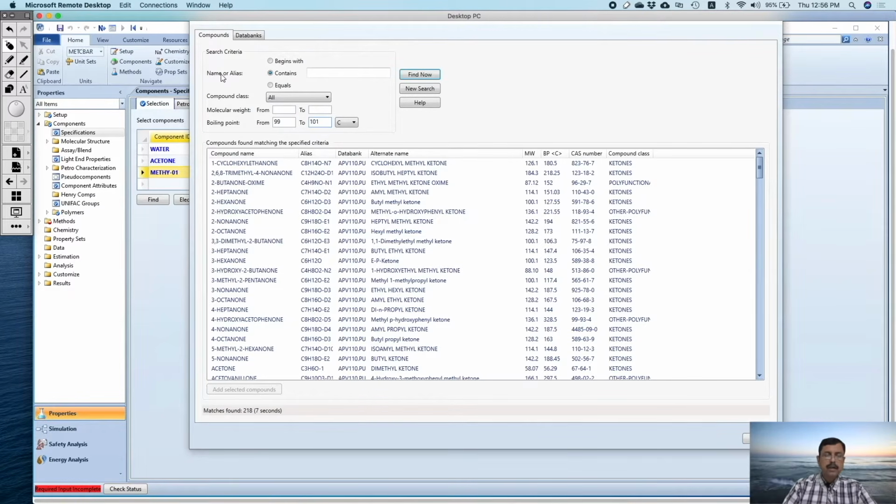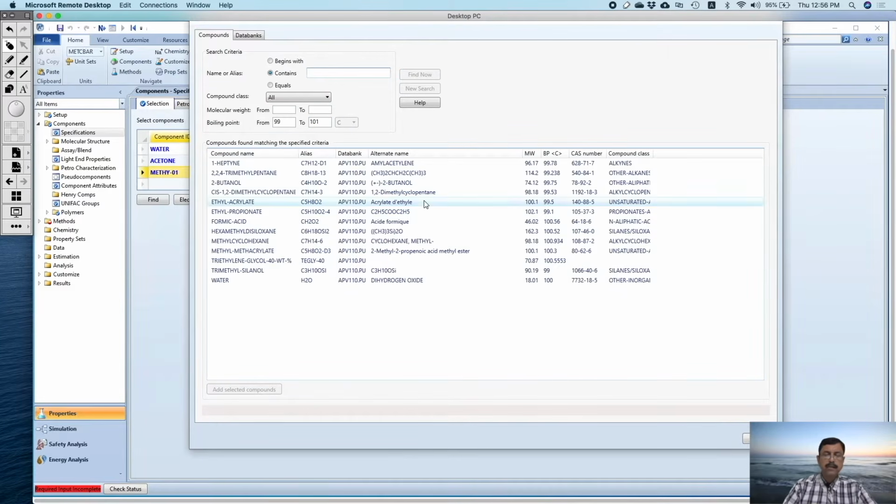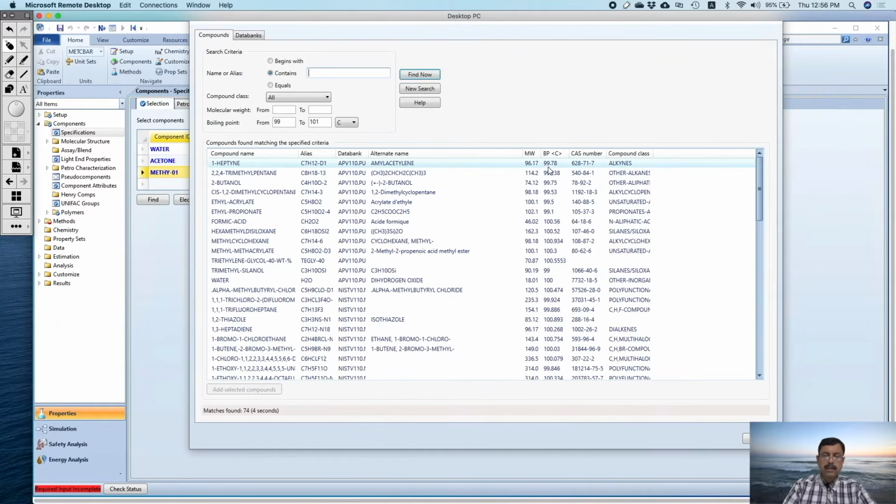It will give you the list of components whose boiling point is between 99 and 101. You can see that one of them is water, whose boiling point is 100. And not only water, there are many other items whose boiling point is between 99 and 101. All of them are listed over here. You can use the molecular weight also as a search criterion.